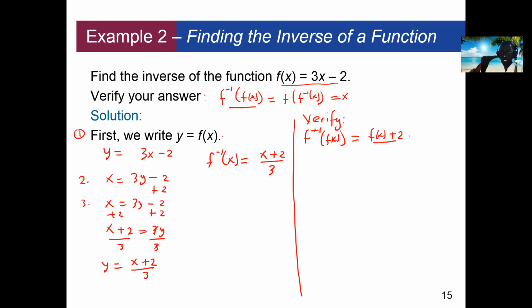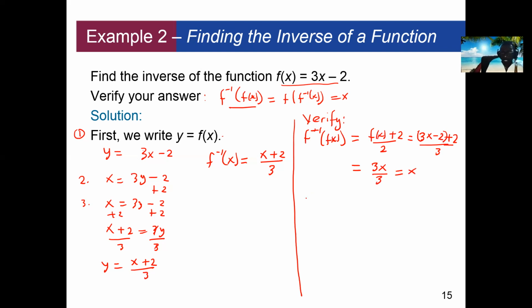Now f of x is 3x minus 2, then plus 2 divided by 3. So this whole thing is my f of x. Okay, and that gives us 3x, removing the parentheses, minus 2 plus 2, which is 0. And then we're going to have 3x in the numerator, divided by 3, you get x.